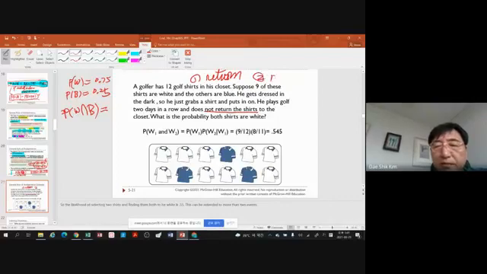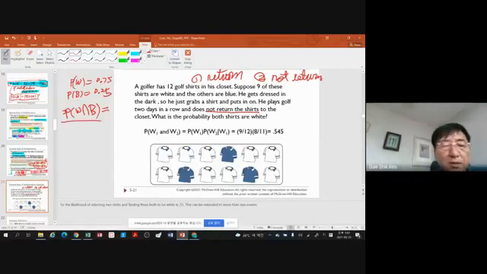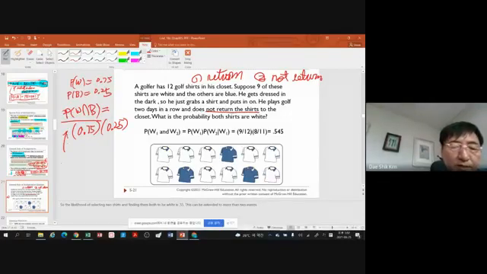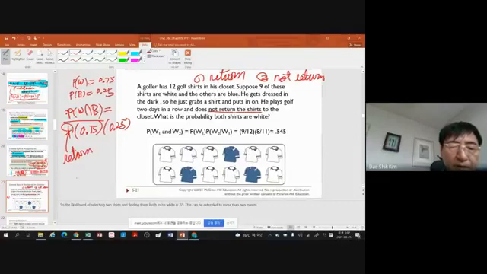Second case is not return. P(white and blue) is first 0.75 times 0.25 if he returns it. That's case 1. In case 2, P(W and B) is not this one.